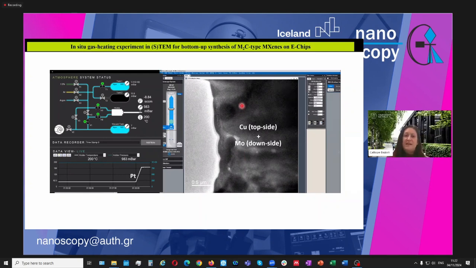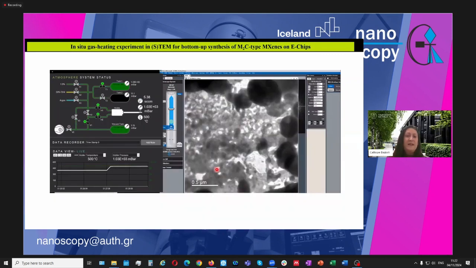So this is how our sample looked in the beginning. And then here we introduced a premixed gas of methane, our carbon source, with hydrogen. We started increasing the temperature and the pressure of the gas.